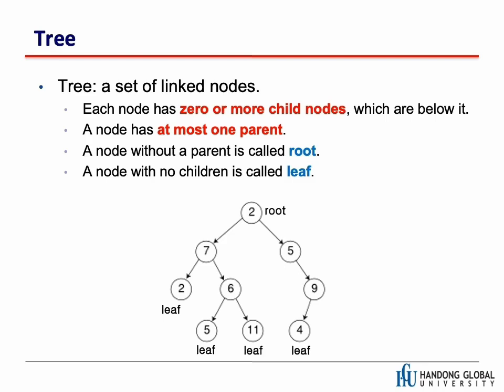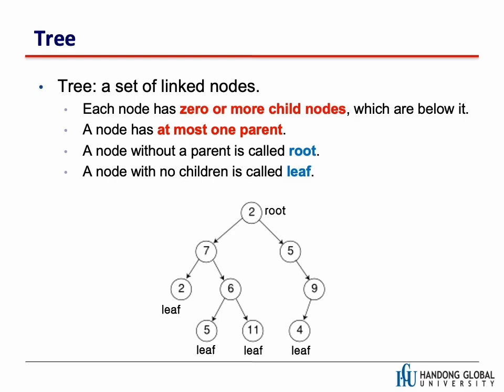This is important to think about. We cannot have 2 parents. In this example, node 6 has one parent, which is 7, but 6 cannot have 5 as a parent at the same time. By this constraint, a tree does not make a loop.